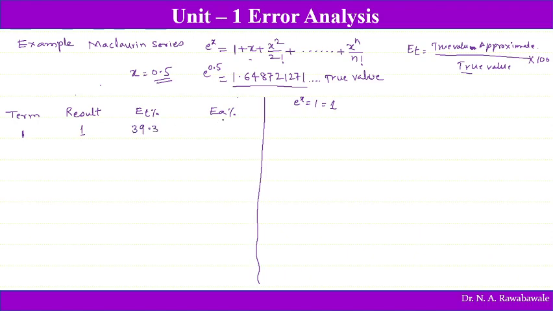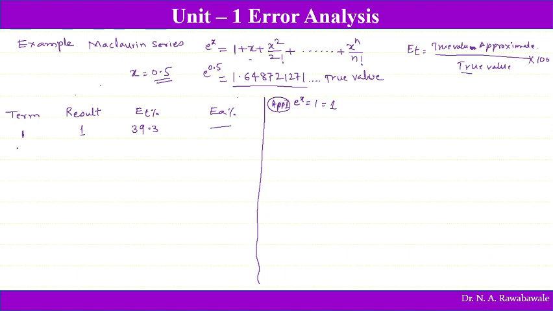But we don't know the second estimate, only one estimate, that is approximation 1. We call this AP1. Approximation 1 is known, that is 1. We don't know approximation 2, that's why we cannot find the first approximate error.